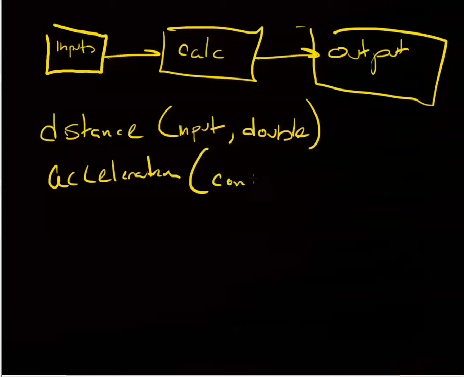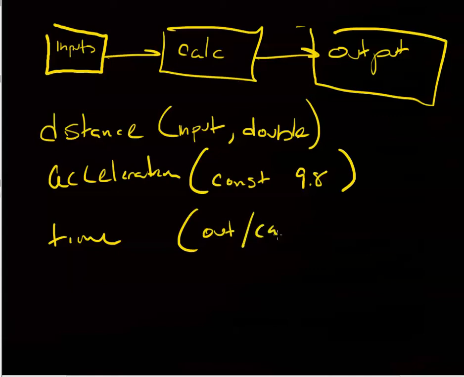It's just a const. 9.8, certainly a double. And then we've got time, which is an output or a calculation. And it should also be a double, right? Because it's certainly not going to be an integer necessarily. And we've got that dependency where distance needs to be known before time.